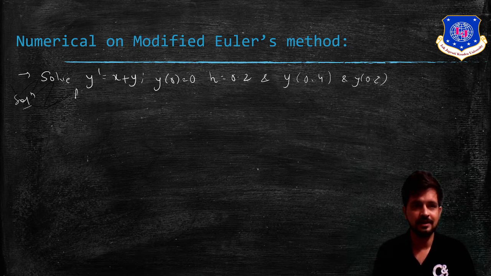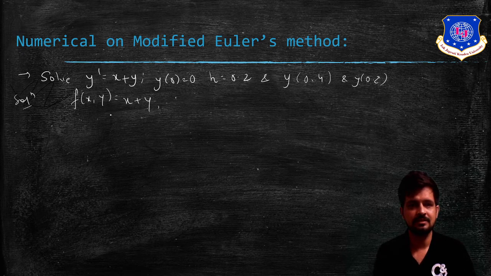First of all, let us write the given data. f of x comma y is equal to x plus y, and h is equal to 0.2. Here x0 and y0 are given, both are 0.